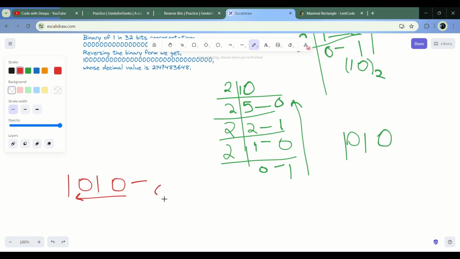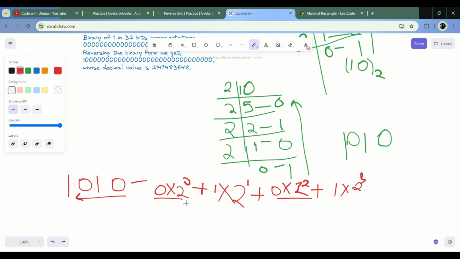We multiply 0 with 2 to the power 0 at first, then we keep on increasing the power of 2, like 1 into 2 to the power 1, and similarly for 0, the power of 2 will increase, it will become 2. Now for the third digit, it will be 1 times 2 to the power 3. So this part will become 0, this part will also become 0, and it will become 2 plus 8, which will give us the output as 10.